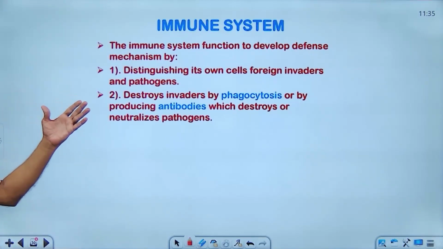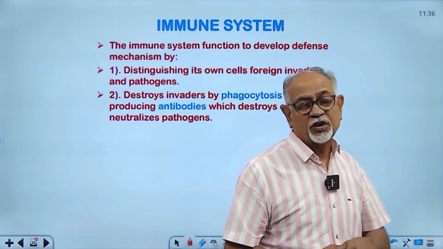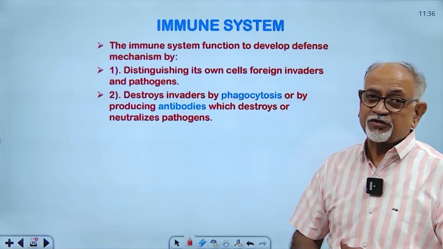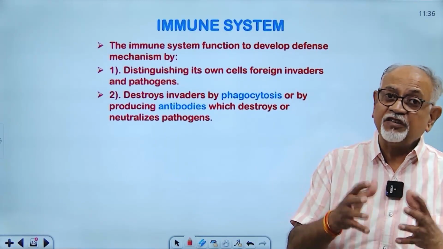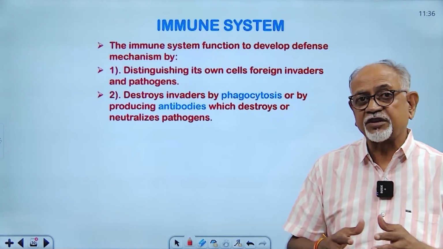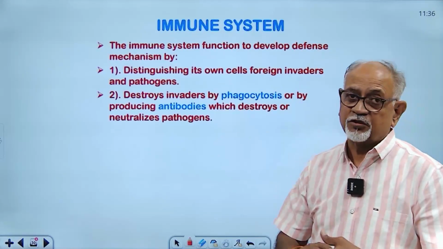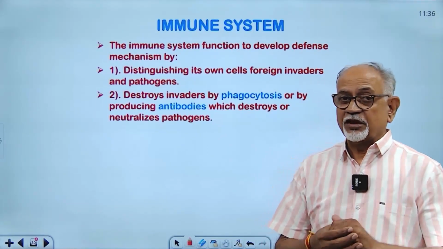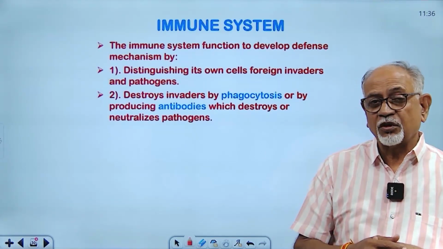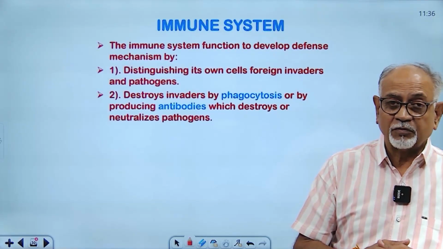The immune system functions to develop defense mechanisms in two ways. One is by distinguishing the healthy cells from the cells which are diseased, and the pathogens which enter into the body, so that they can destroy only the cells which are damaged or the pathogens which have entered our body.